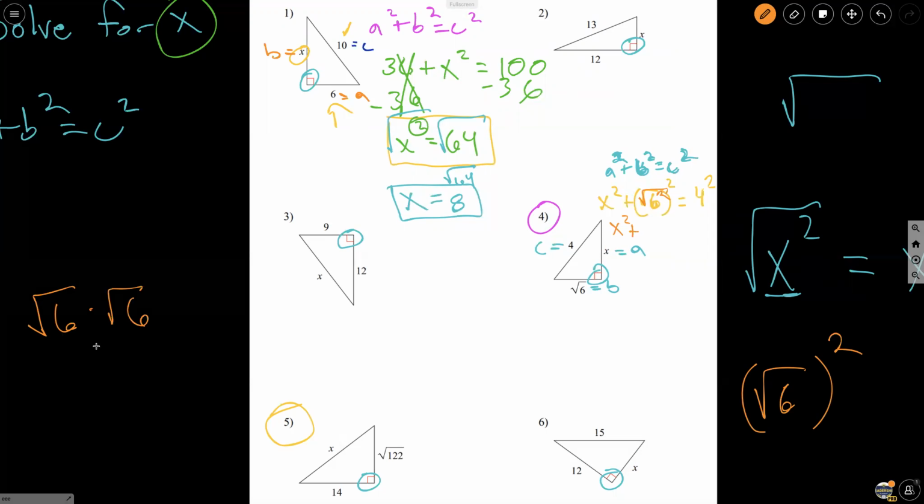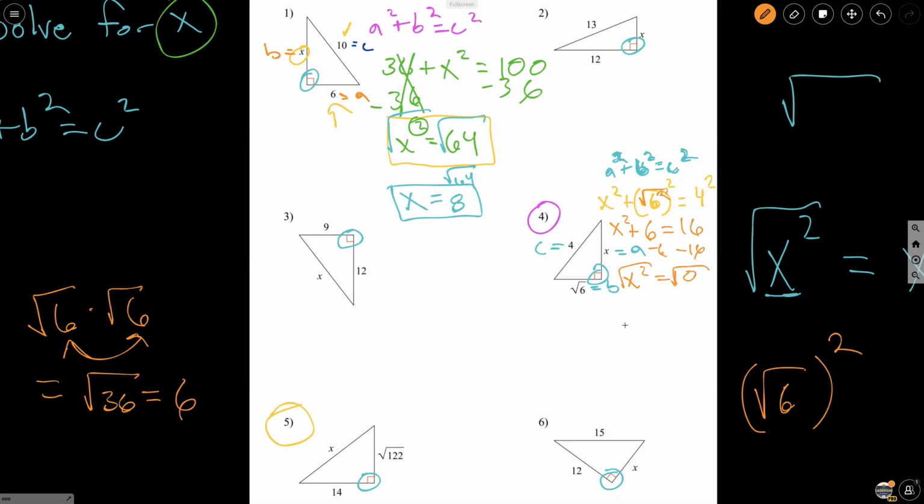Now you just multiply the 2, which becomes the square root of 36. And we know that the square root of 36 is just 6, okay? So then this becomes 6 equals 16. All right, and then we go ahead and finish solving. X squared is going to equal 10 because we subtract 6 on both sides.